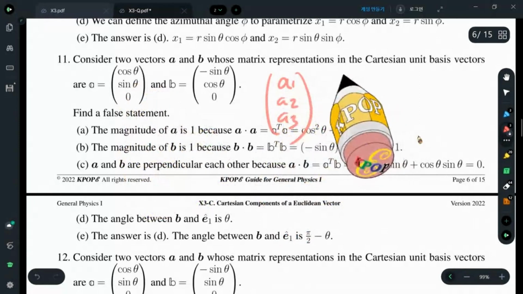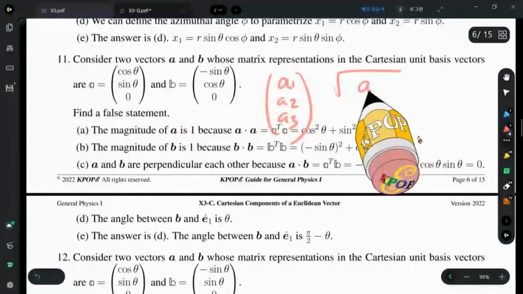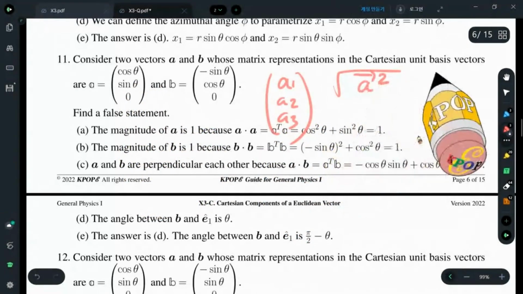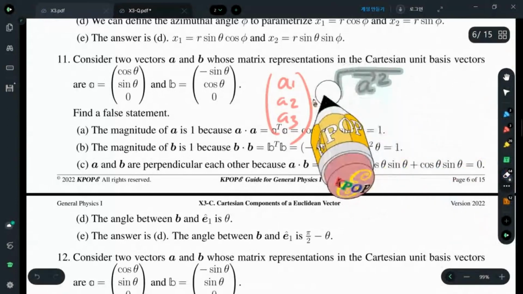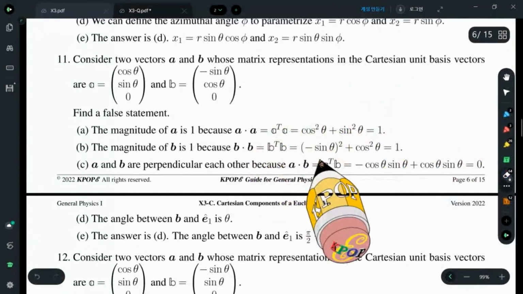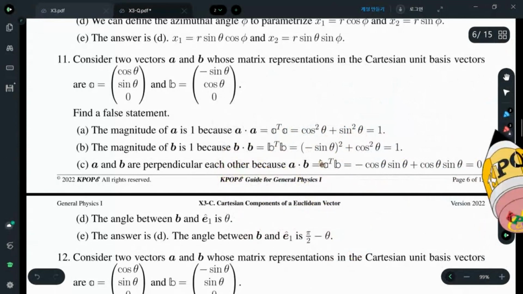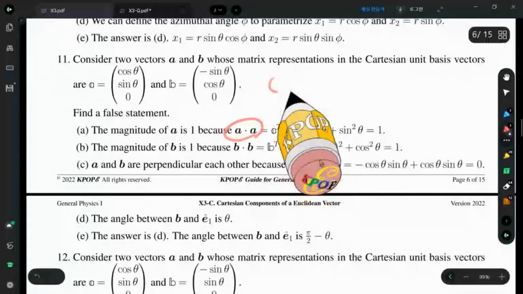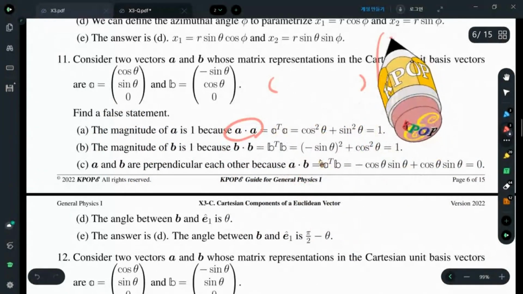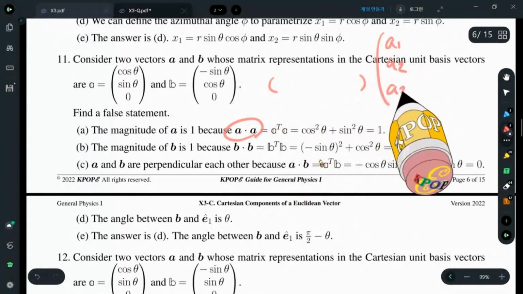The magnitude is the square root of A squared, so we first compute the square. How can I compute the square? A squared is the row, A1, A2, A3, times the column.